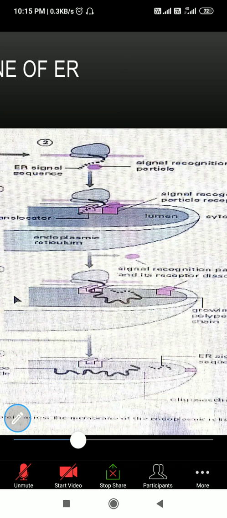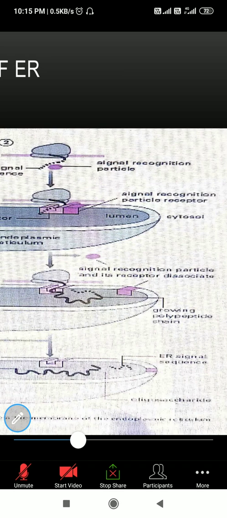It shows its way towards the membrane of the endoplasmic reticulum, where the signal recognition particle binds with the signal recognition particle receptor, which is present on the membrane of the endoplasmic reticulum.